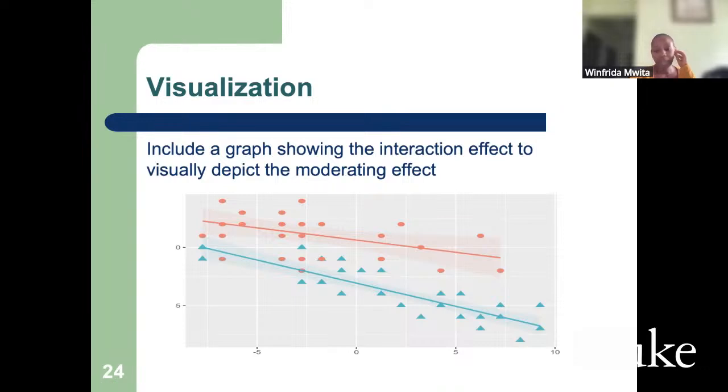But when the lines are diverging from each other or converging, the stronger the interaction effect in your analysis. So the more your moderating variable is modifying the effect of your independent variable on the dependent variable.